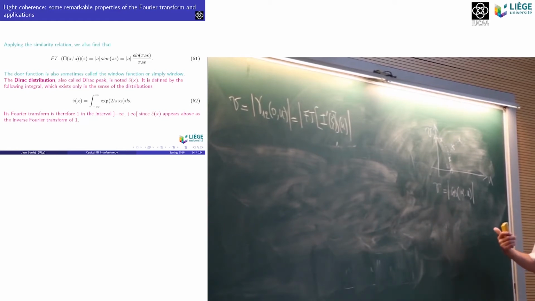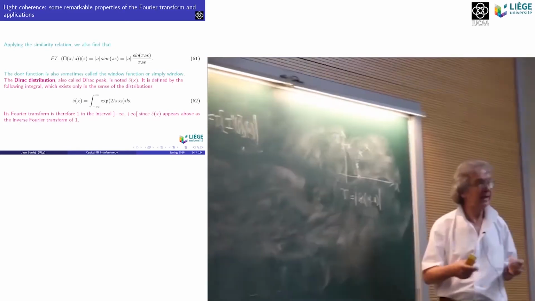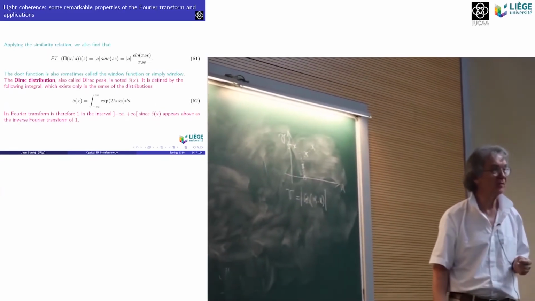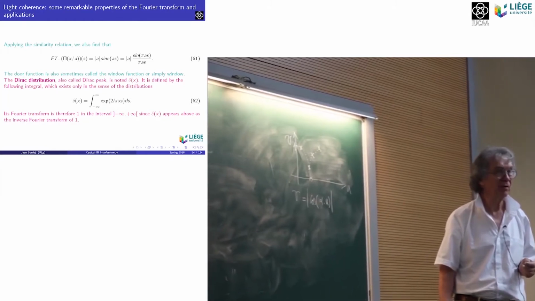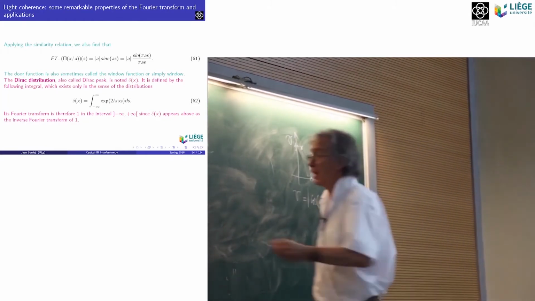So I assume that this is the analytical expression representing the visibilities I'm observing. Can I infer now what is the structure of the source? Well, the answer is the following.